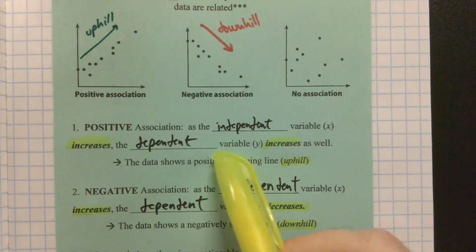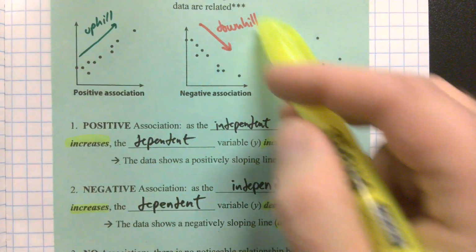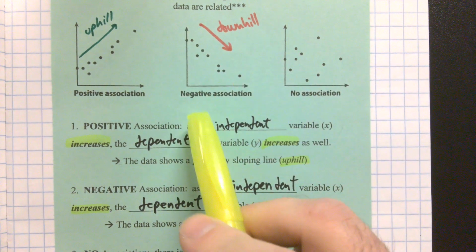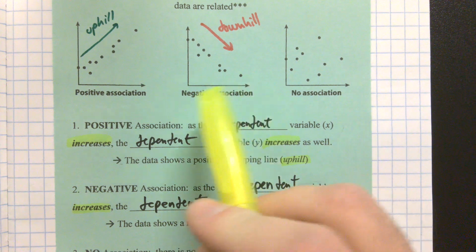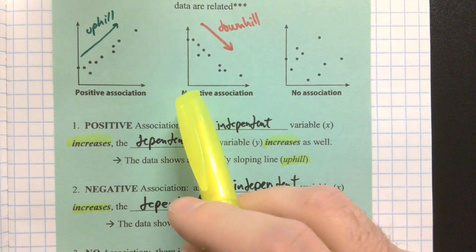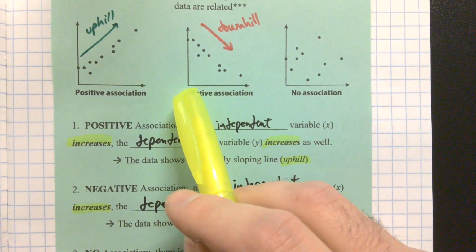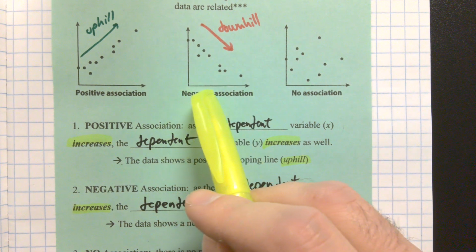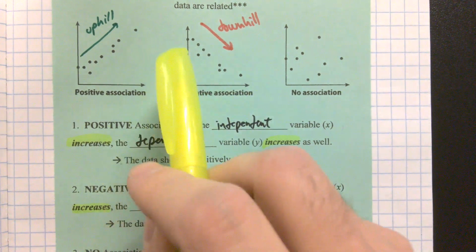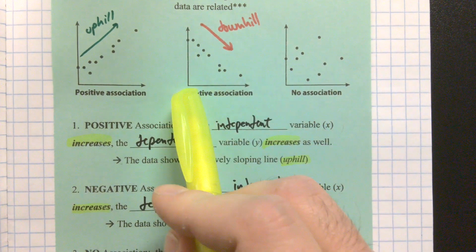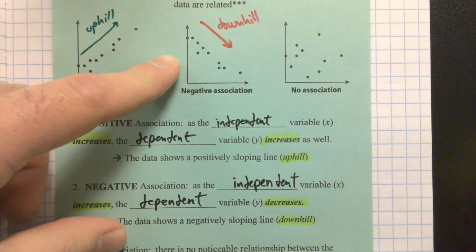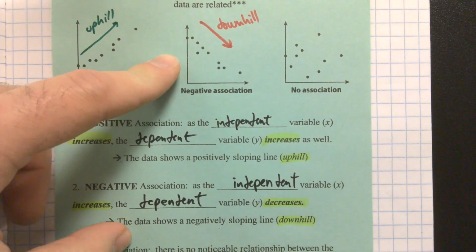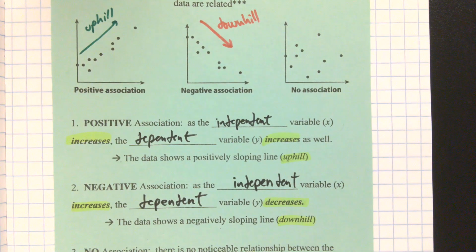So an example I could think of for a relationship that would have a negative association is, let's say my independent variable is the temperature outside, right? So from left to right, my temperature is increasing. And my dependent variable is ticket sales at an ice skating rink. What time of year would you typically go to an ice skating rink? Winter, right? When it's cold out.